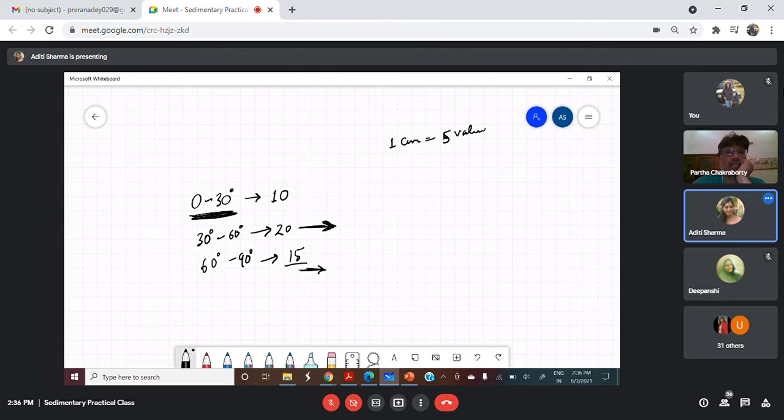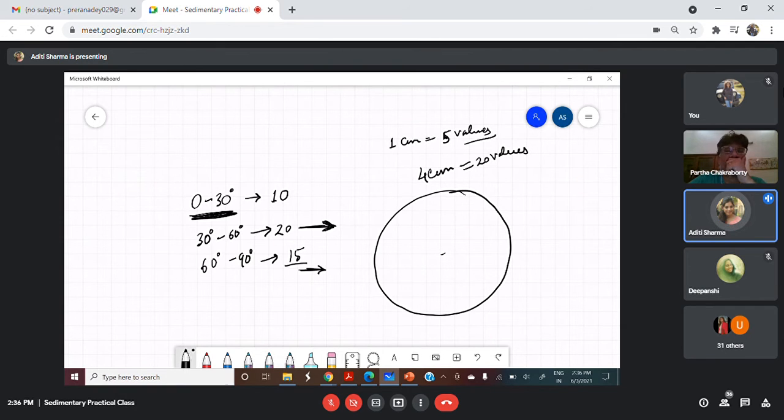The maximum radius we'll need will be 4 centimeters. 4 centimeters will represent your 20 values. So I will draw a circle of radius 4 centimeters.